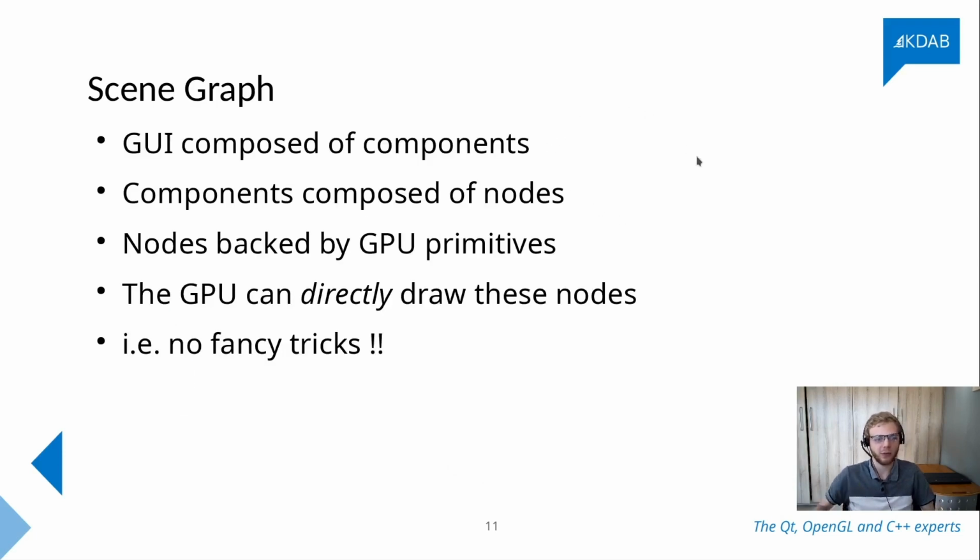So the way that Qt Quick 2 works, the way that it achieves this GPU-centric approach, is through what they call the scene graph. Now I have to be clear that I'm using this term scene graph really just to refer to this concept, because that's what the Qt documentation used to refer to it.